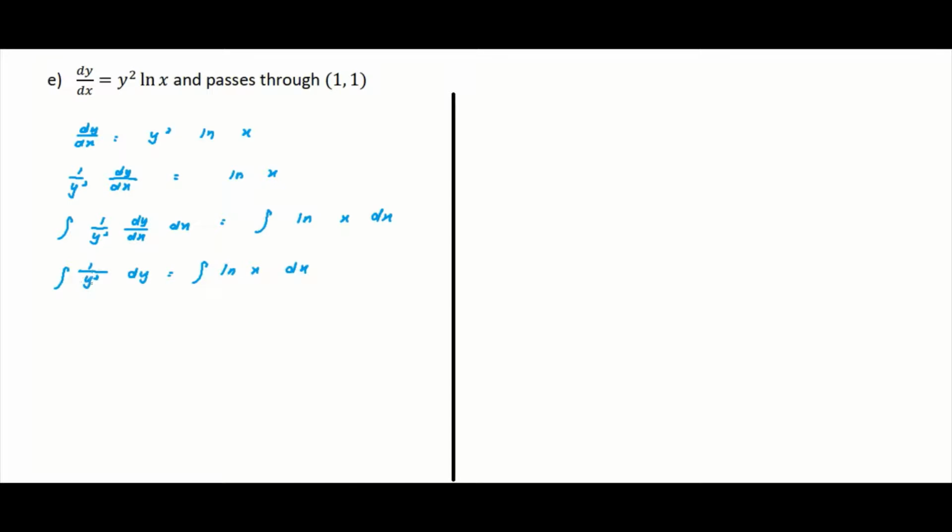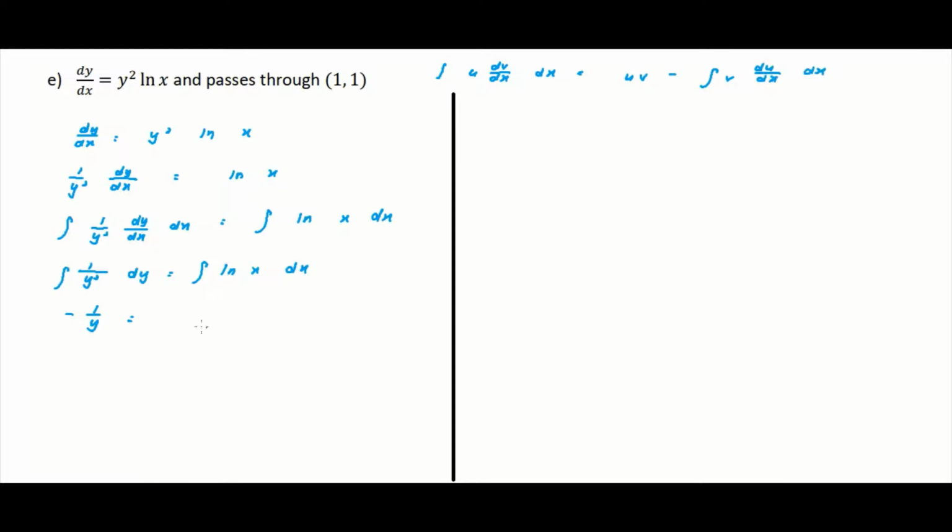Integrating 1 over y squared, you have negative 1 over y. For this part, do you still remember how the formula works? Maybe I'll just write it down here. The integral of u dv/dx with respect to x equals uv minus the integral of v du/dx dx.